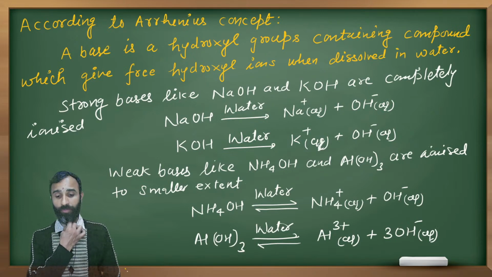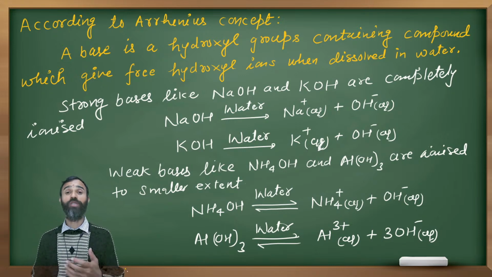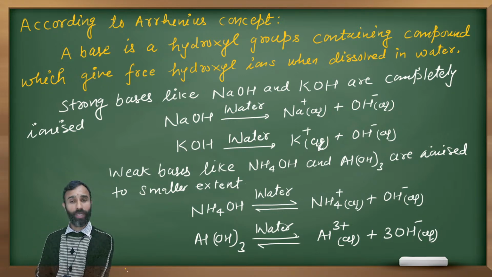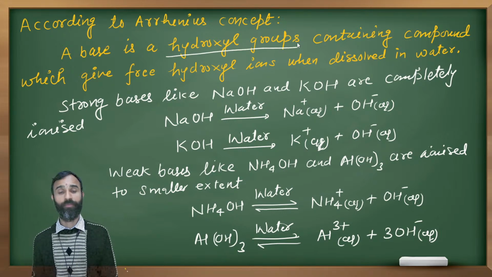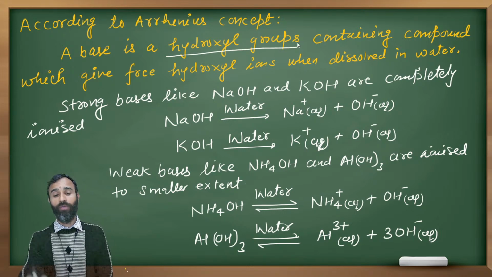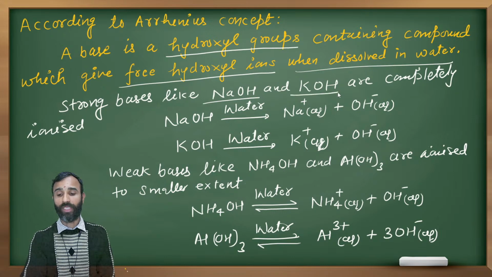Now, according to Arrhenius concept, what is a base? So a base is the one which has hydroxyl group and which gives free hydroxyl ions when dissolved in water, like sodium hydroxide, potassium hydroxide.